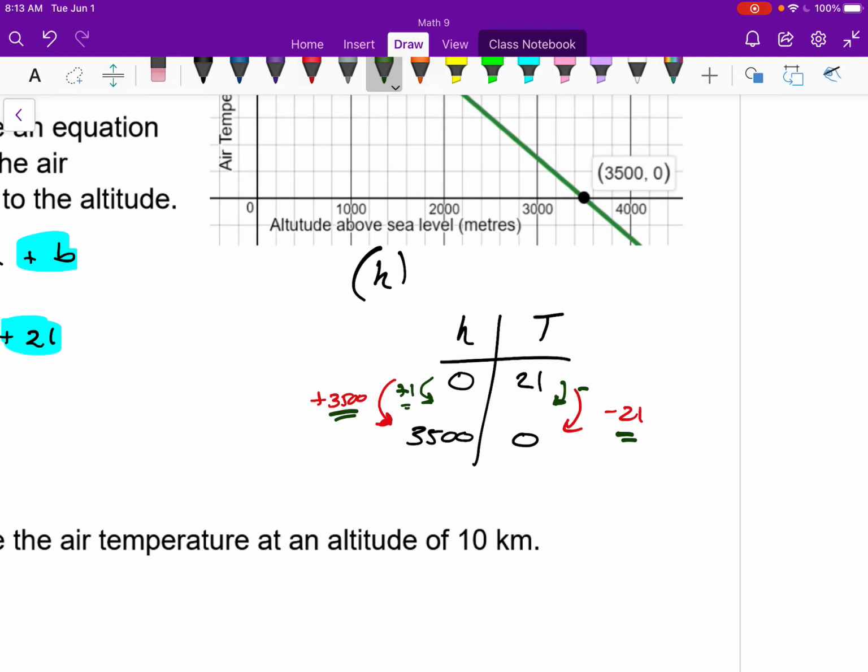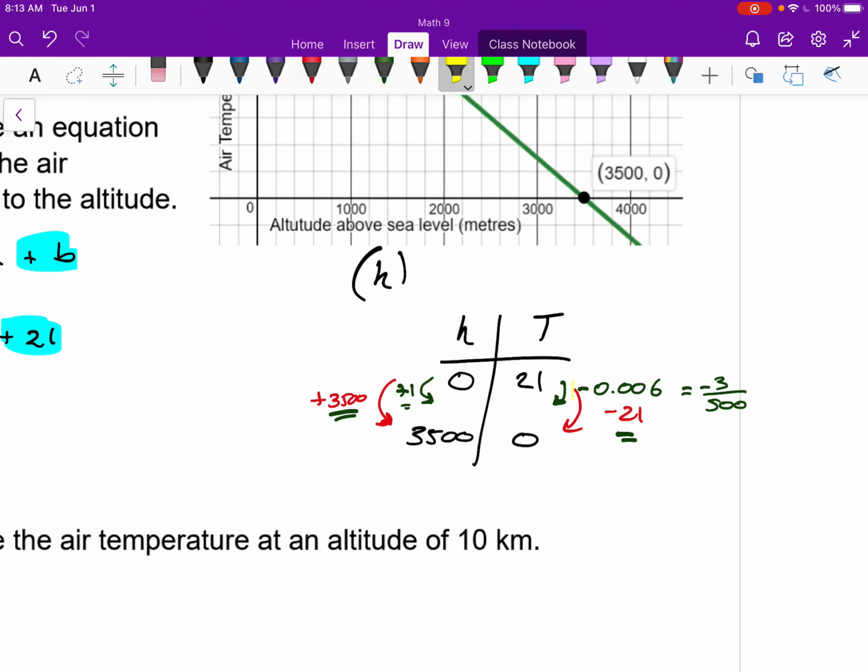Well, 21 divided by 3,500. And so I go to my calculator and go 21 divided by 3,500. And I get 0.006. Or as a fraction, I get 3/500 if it reduces.